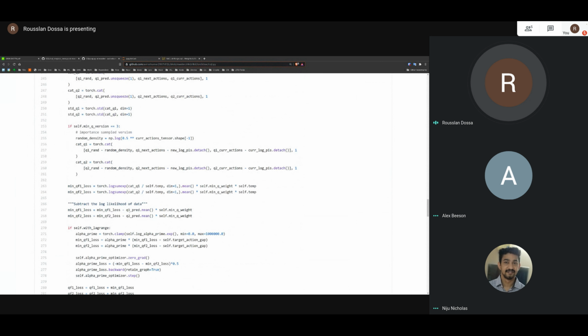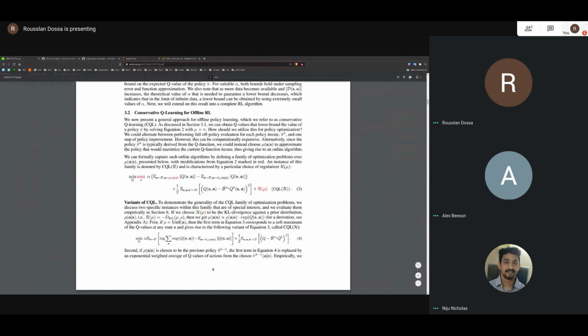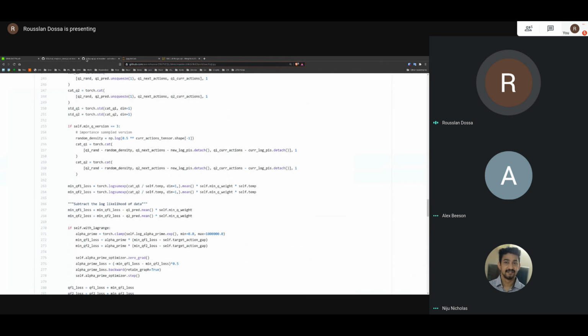For the first Q value function, we have the first loss, min QF loss, which is the one we want to minimize, so this part. That's the one they compute up to here. So that's the first term. That's the second term. So they take the mean. And that's basically how they do it.